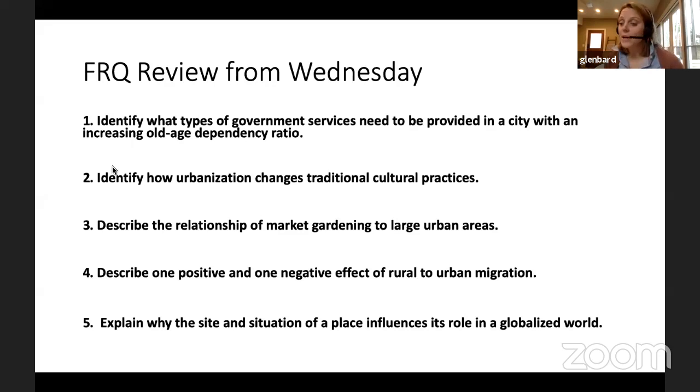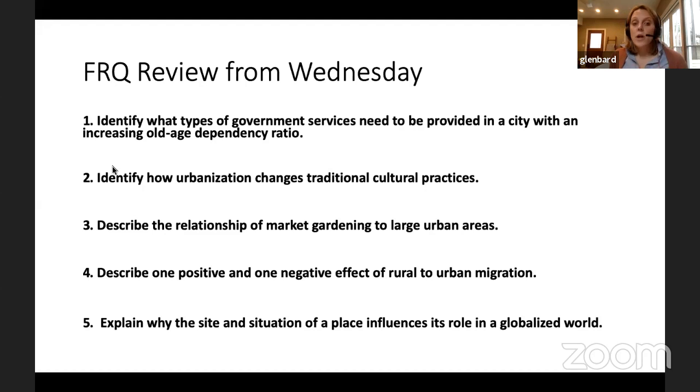So the big thing here is that the short answer you would need to expand upon is that relationship to the central market. And so we would talk about transportation costs and perishable foods. You would want to make sure that that's why we needed to be close to the market because of those things.